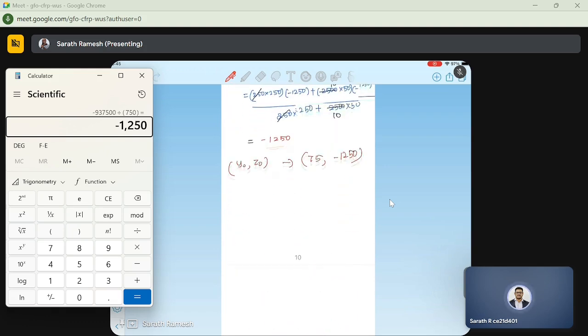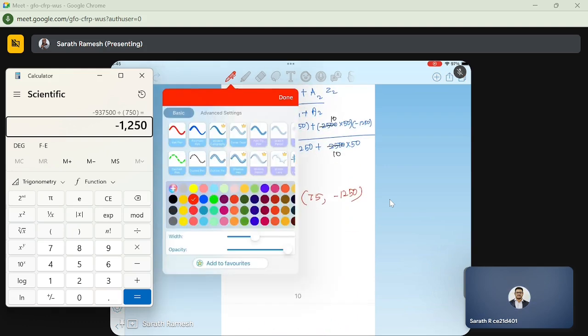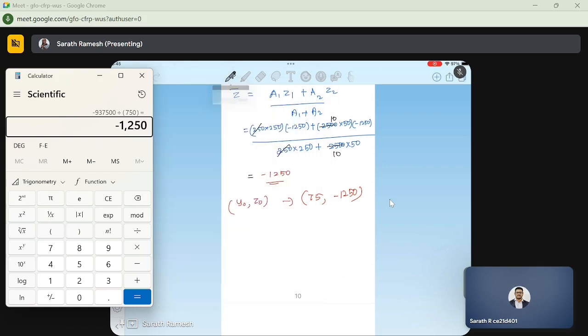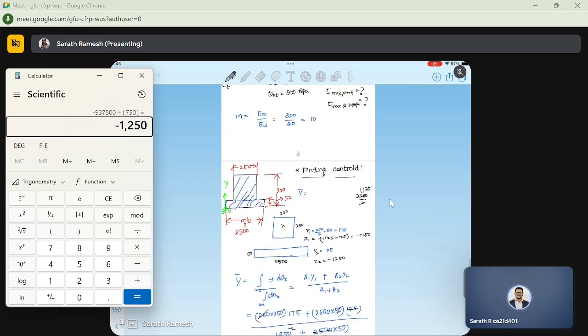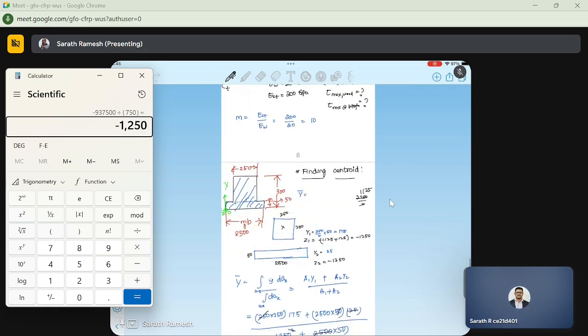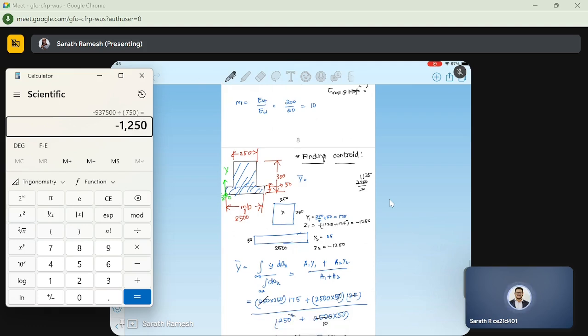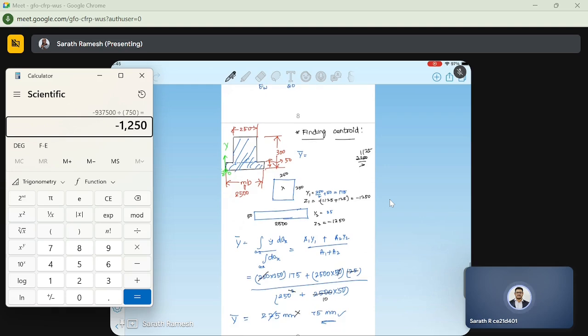Moment of inertia of this T cross section. Finding moment of inertia. So Izz, we have to find the moment of inertia about the zz axis. Now again, we use the parallel axis theorem.